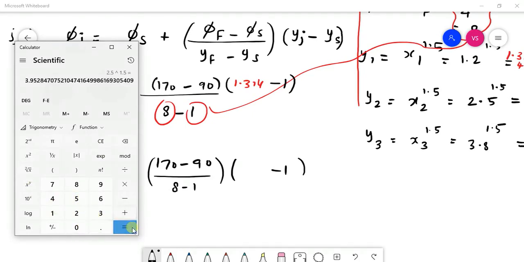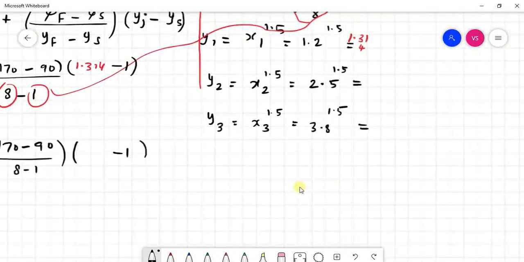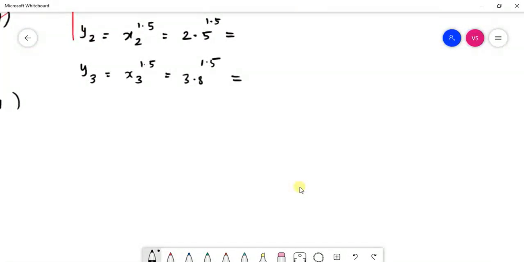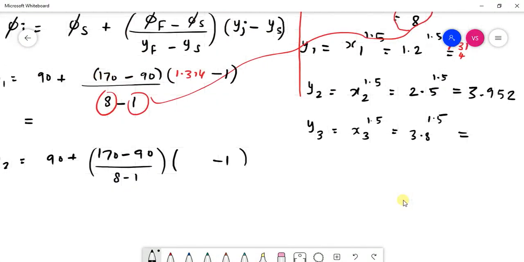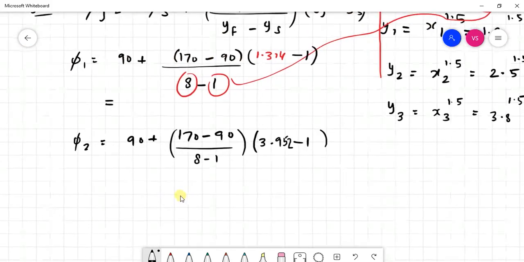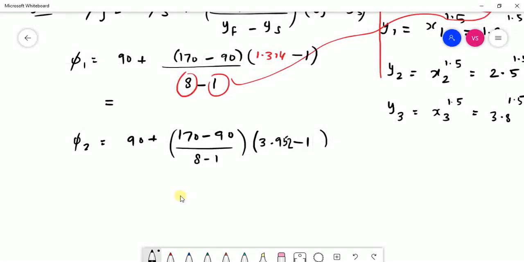This will be 3.952. This number, 3.95, I am going to make use of here. And you get some value of phi 2.